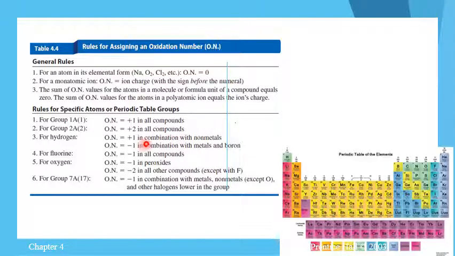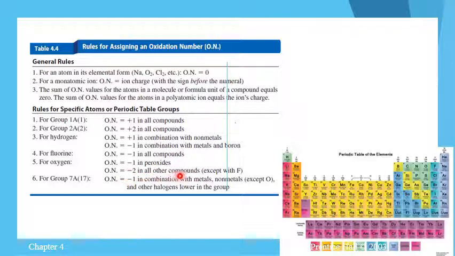For hydrogen, it has a +1 charge when it is combined with non-metals, while it has a -1 charge when it is combined with metals and boron. For fluorine, it has a -1 charge in all compounds. For oxygen, it has a -1 charge in peroxides, while it has -2 in all other compounds.